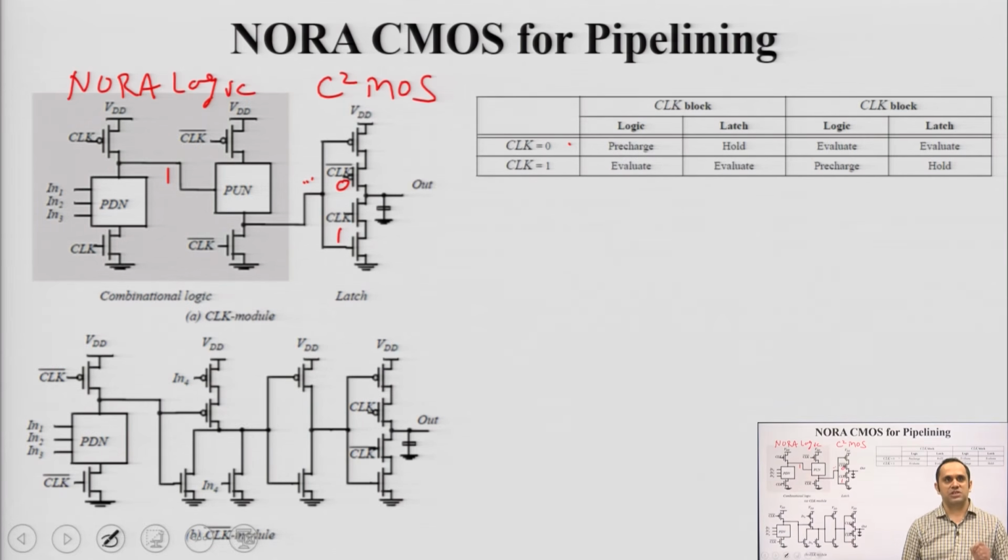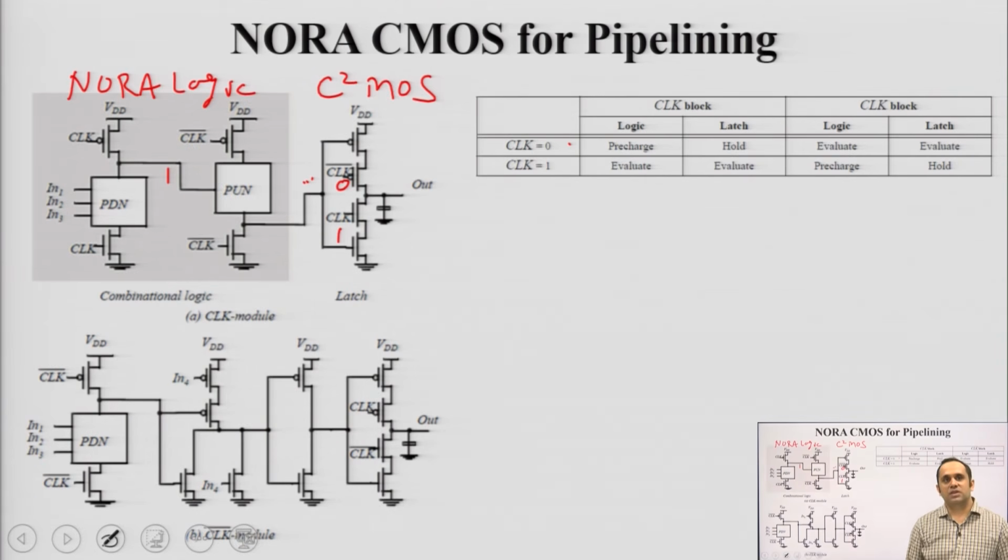So, this particular implementation is known as a NORA CMOS implementation for pipeline structures. You can use the NORA CMOS logic independently also. In that case, it will be considered as a conventional dynamic CMOS circuit, or you can connect your NORA logic block in series with a clocked CMOS register to produce a pipelined approach.